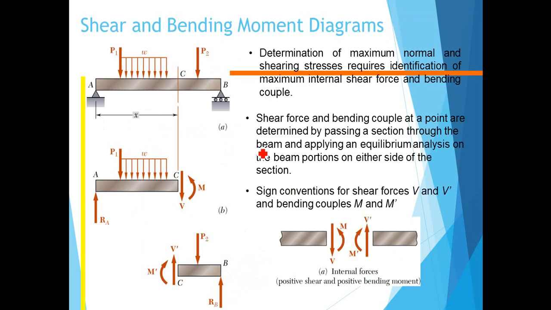So this is the example. You have a beam subjected to loads P2, P1, and also a distributed load W. Let's say we do the sectioning at point C. If you analyze the left part of the beam, the shear force is directed downward, and the bending moment tends to rotate counterclockwise. But if you analyze the right part of the beam, the shear force will be directed upward, and the bending moment will be clockwise.